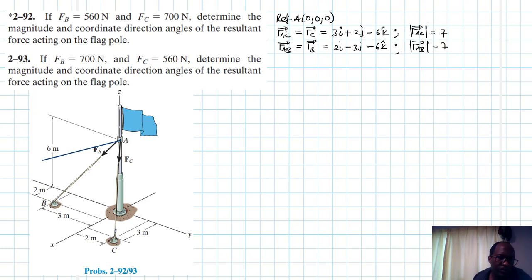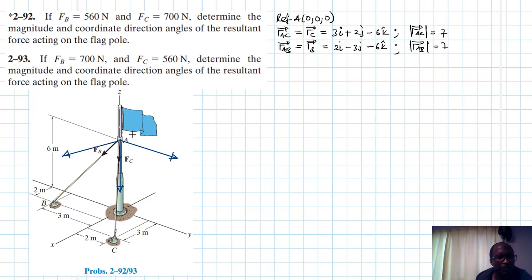So you have a vector in this direction. Let's not make it longer because we are going to have another one. Then in the y you are going to have another one like so, and then you are going to have one down like so.